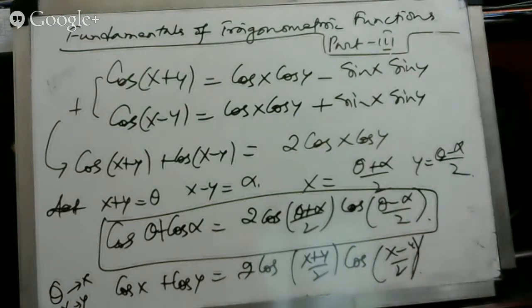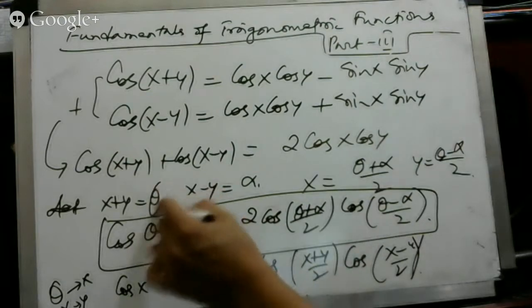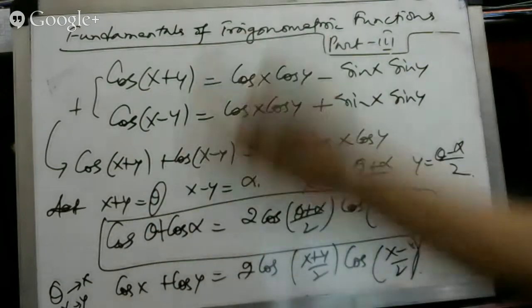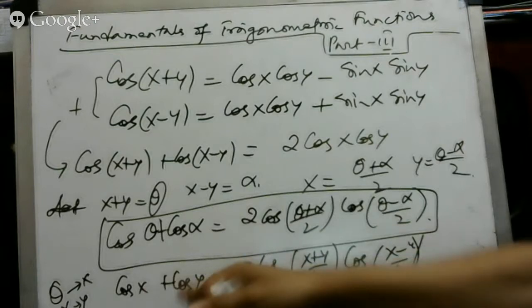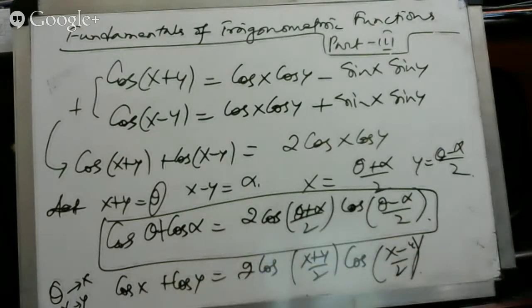Basically, the reason we replace with theta and alpha is that theta and alpha are real values, so they can take any values. You can put a, b, c, so cos a, cos b. So we put it back over here, so it will have the same value.